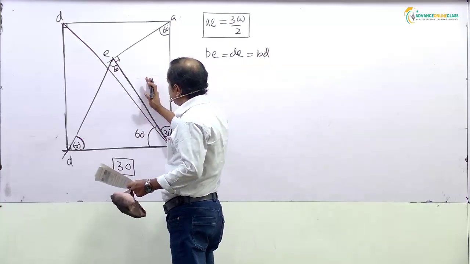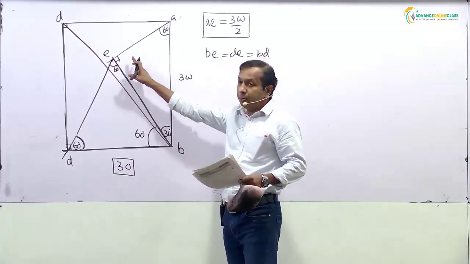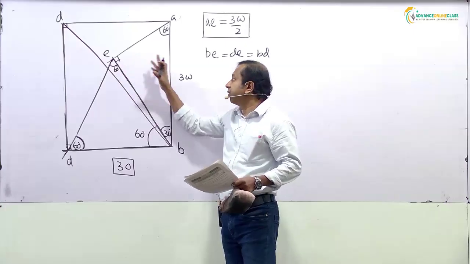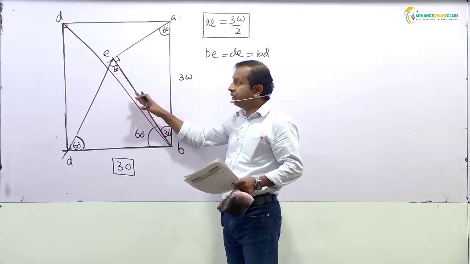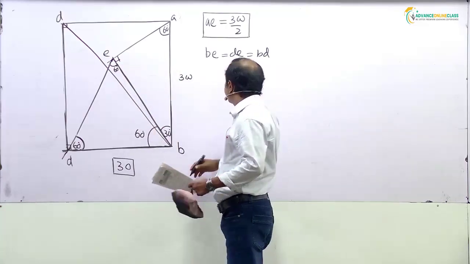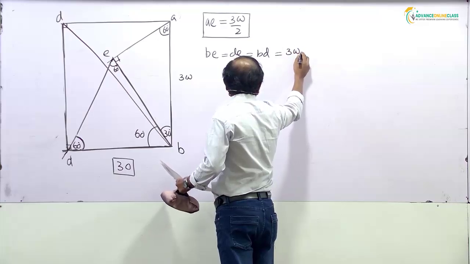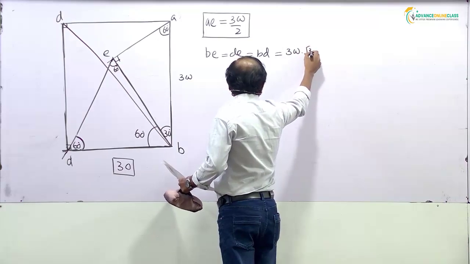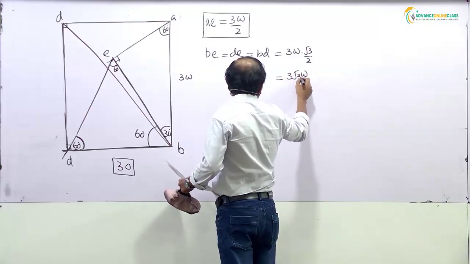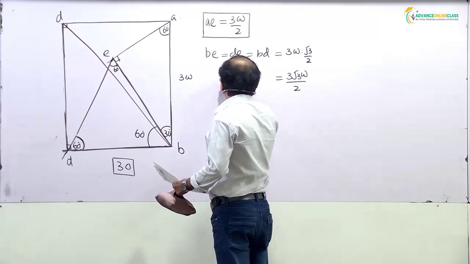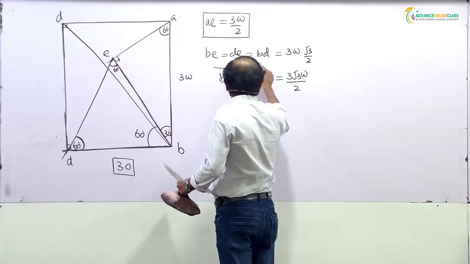These three are equal to the BE length. What is the BE length? 3W cos 30, here it is 90. Cos 30 means root 3 by 2. That means 3 root 3 W by 2 for BE, DE, BD.